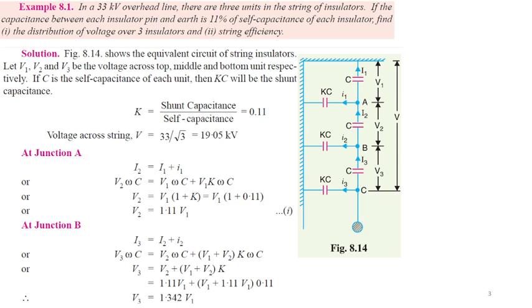This example from lecture 8 reviews the voltage distribution across a string of three insulators, as you can see in this figure, in 33 kilovolt overhead transmission lines.